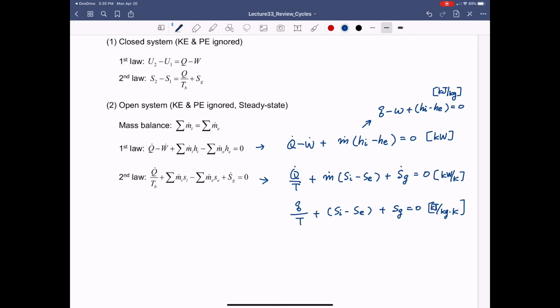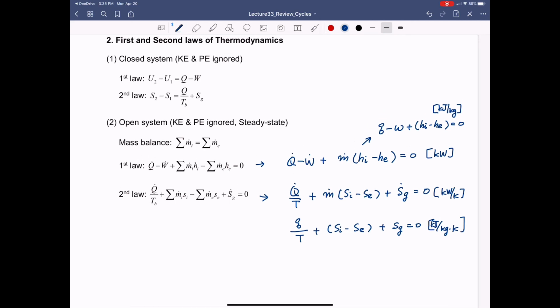Also, conceptually, this talks about the same thing whether we talk about a closed system or an open system, but be very careful when you write up the first law and second law of thermodynamics, because depending on your system, you probably should start from different forms of the equations. So that is another very important thing that you have to take away from this summary.